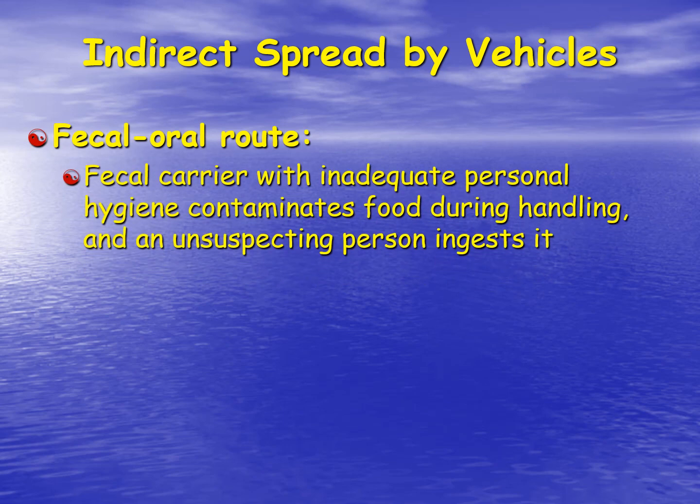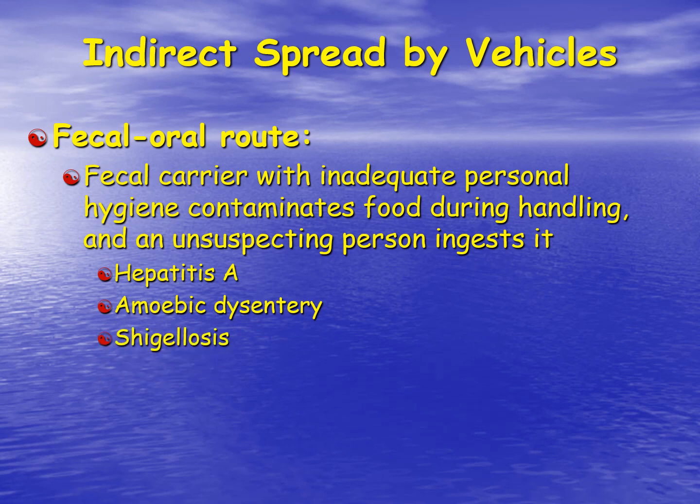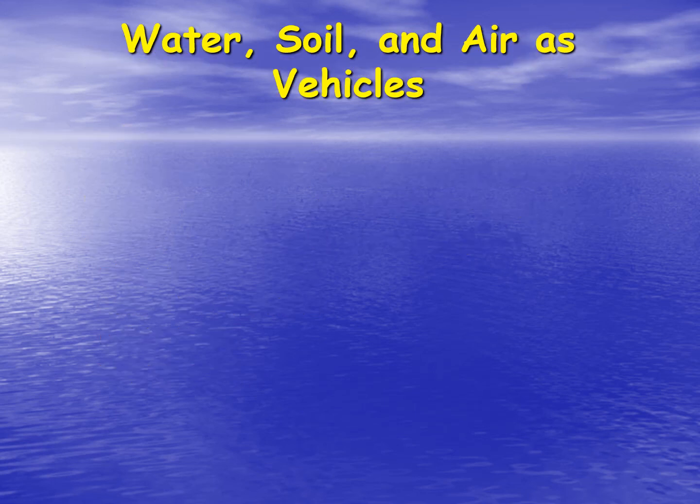The fecal-oral route, again, is shed in the feces and picked up orally. And there are several of these. Hepatitis A: of all the hepatitis viruses, this is the fecal-oral transmitted hepatitis. Amoebic dysentery: the amoeba is in fecally contaminated food and or water. Shigellosis. Typhoid fever. And there are many others.